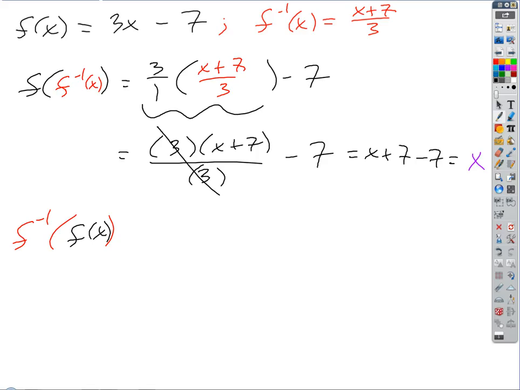That rule was the inverse function of hand is just hand plus 7, all divided by 3, right? So we're going to get hand plus 7 divided by 3, and this time hand is f of x, so it's going to be the quantity 3x minus 7.